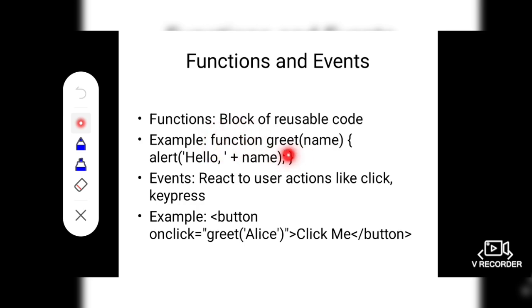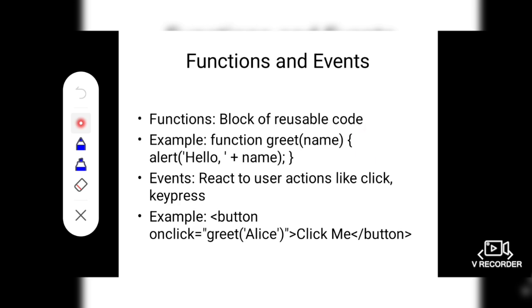Here the function name is greet, and they have given a parameter called name. After that, alert, hello plus name. This is an event. Alert means on the web page it gives an alert block, and the name which you have given in the parameter will be printed. Before that, hello will be printed. If you give a name like Ram, it will print hello Ram.